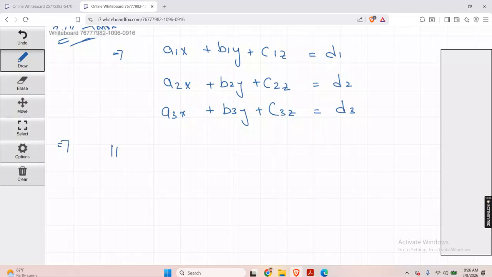Now first is the determinant, you know it. So we can write A1, B1, C1, A2, B2, C2, A3, B3 and C3.